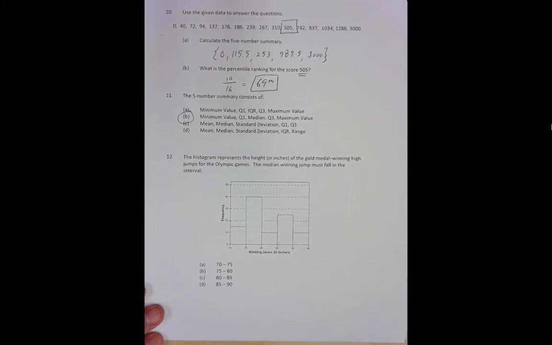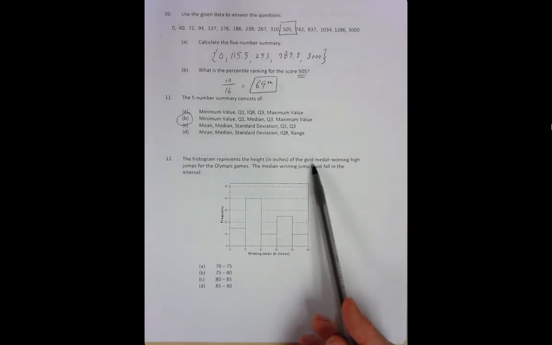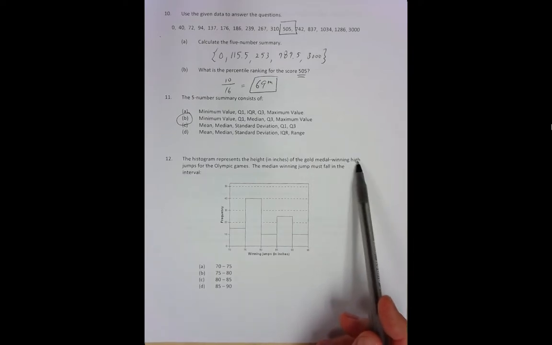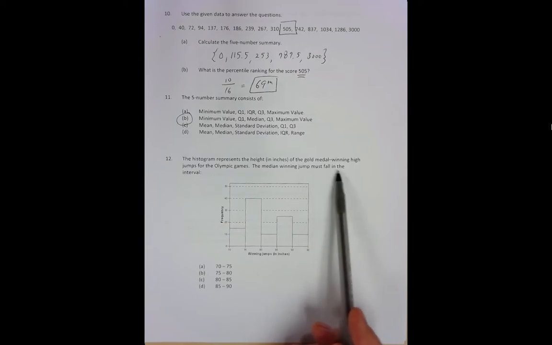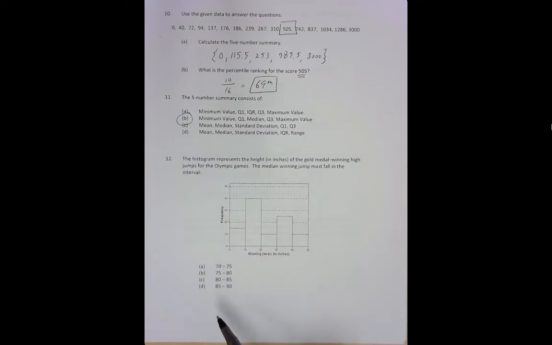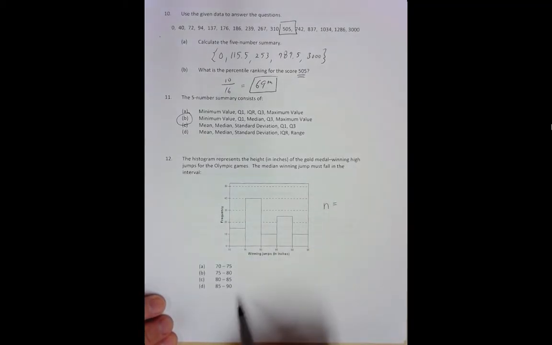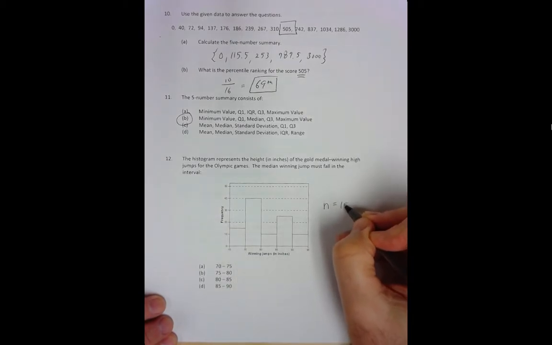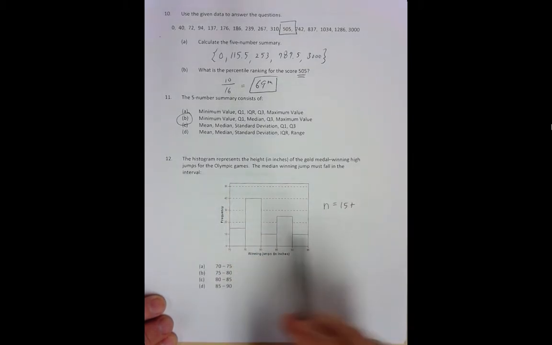All right, the histogram represents the height of the gold medal winning high jumps for the Olympic Games. The median winning jump must fall in the interval. What we need to do here is find out our sample size. Between 70 and 75, I have 15 jumps. Between 75 and 80, I have 40 jumps.